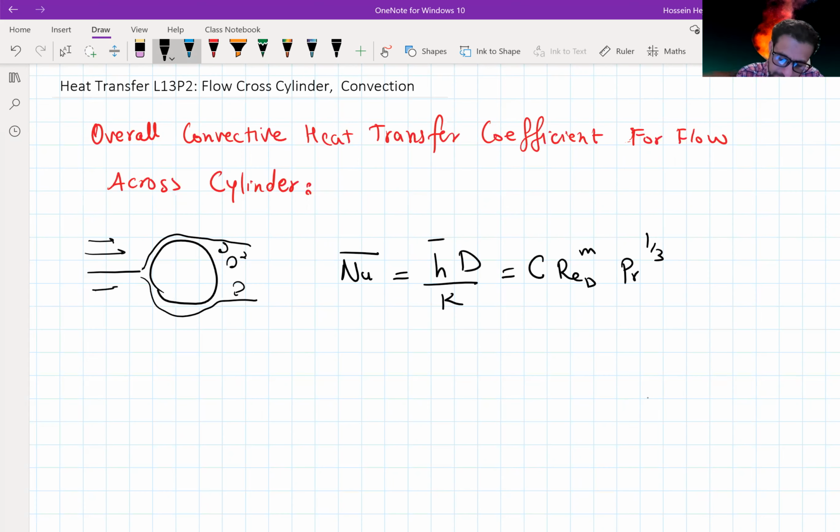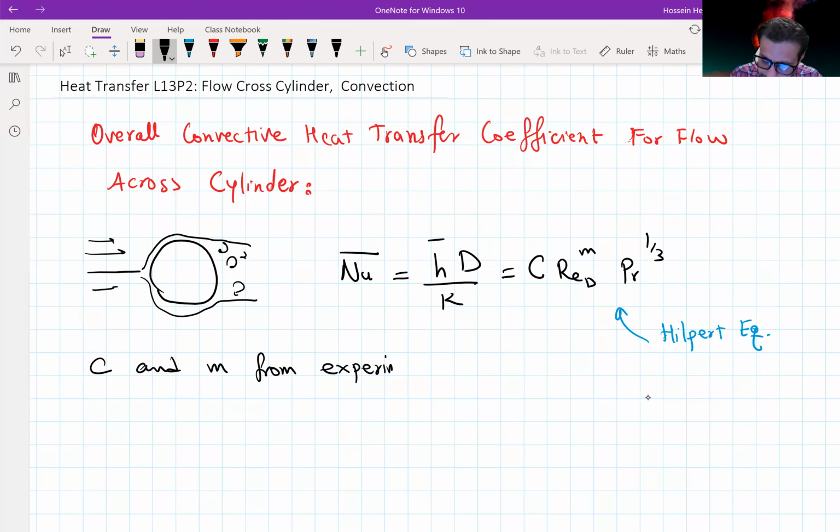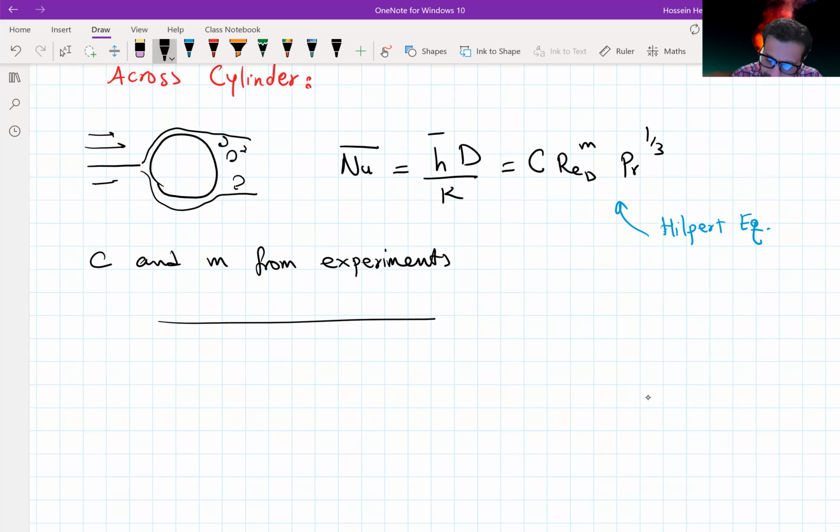That's what we refer to as the Hilpert equation. We find C and m from experiments, and they have been tabulated based on the values of Reynolds number that we have.